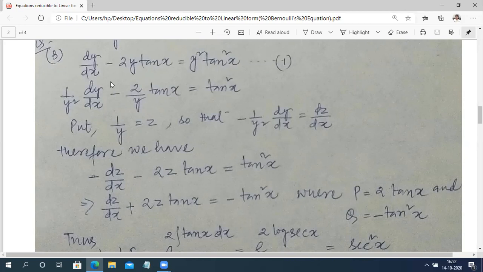So divide the whole equation by y square. So what will happen? It will be 1 upon y square dy by dx minus 2 by y tan x is equal to tan square x. Now second step, you have to substitute the coefficient of p.